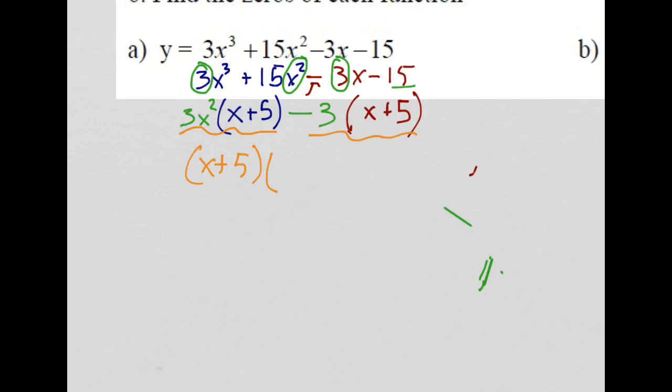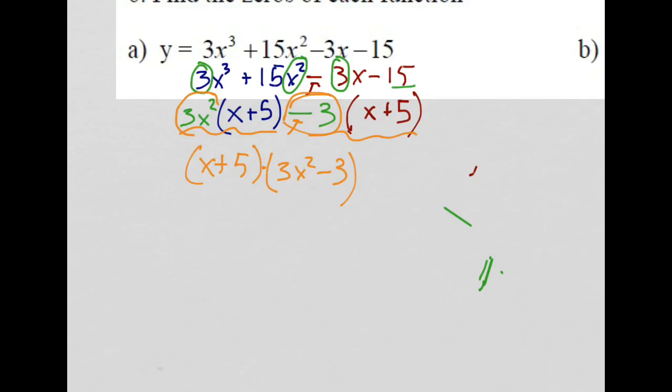You need to multiply that by your 3x squared and your negative 3, because that's what got left behind. So we just went from subtraction to multiplication.